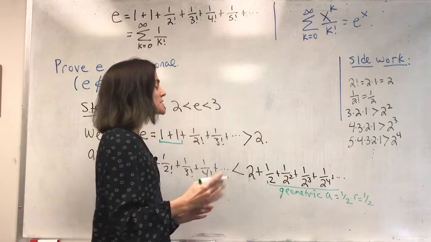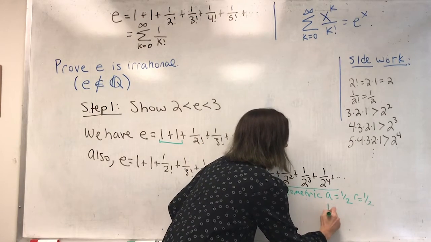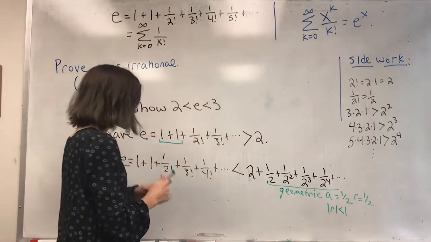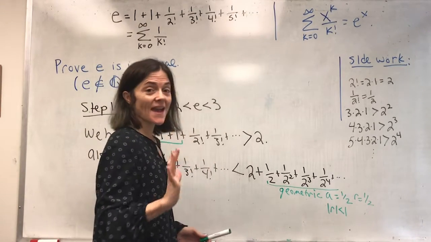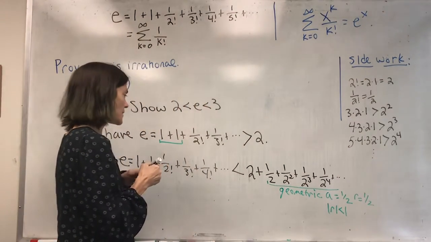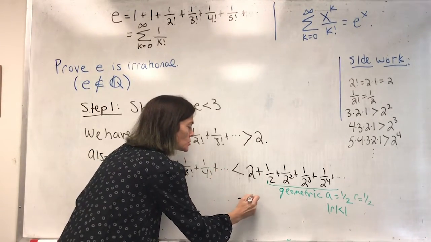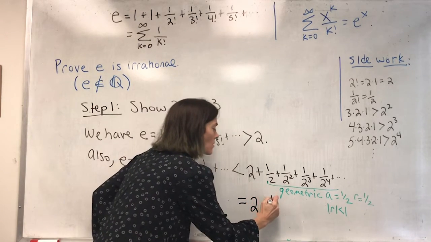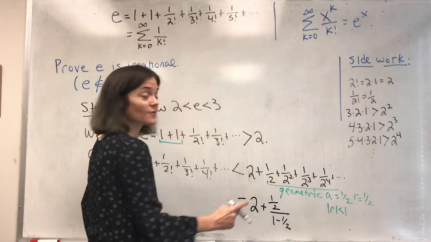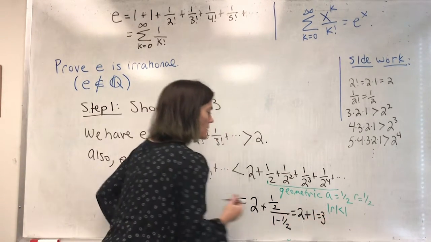And anytime the absolute value of the ratio is strictly less than 1, so absolute value of r less than 1, we know that this converges, and it converges to a over 1 minus r. And so if I continue here, this equals 2 plus a over 1 minus r, and this is 1/2 over 1/2, which is 1, which is 3.